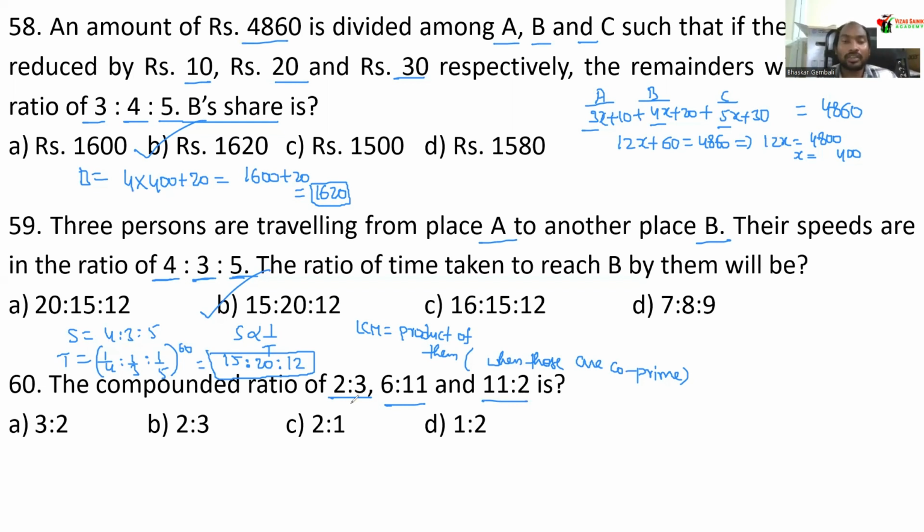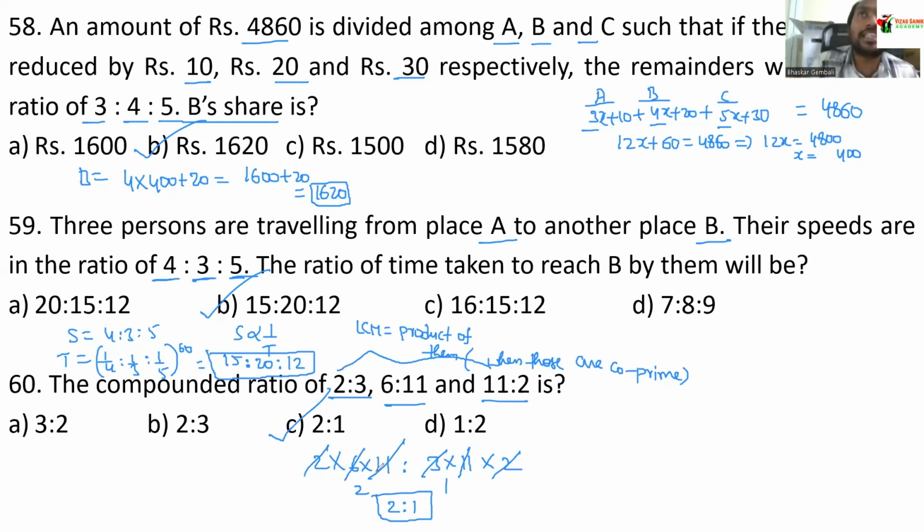The first terms are 2, 6, 11, that is 2 × 6 × 11. The last terms are 3 × 11 × 2. Common ones: 11 and 11 cancel, 2 and 2 also cancel, leaving just 3 and 2. So the answer is 2:1.